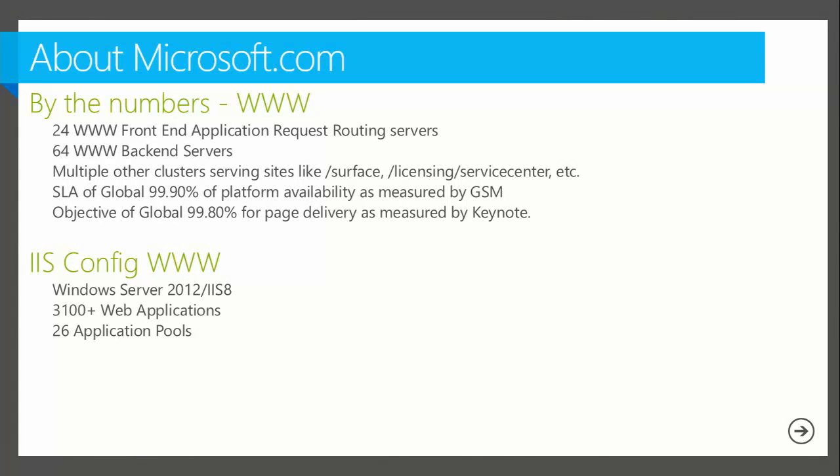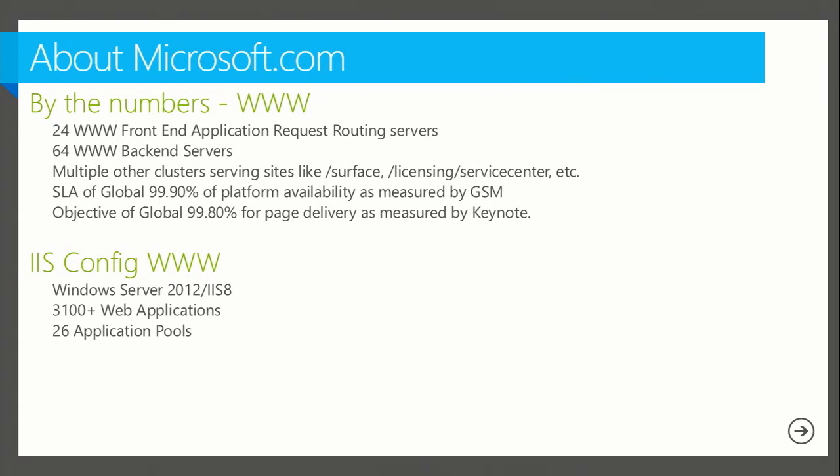A little bit about our architecture. We have 24 www front-end application request router servers that act as reverse proxies back to the different content clusters. There are 64 www content servers.